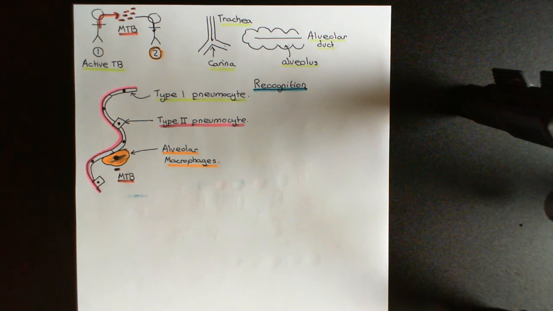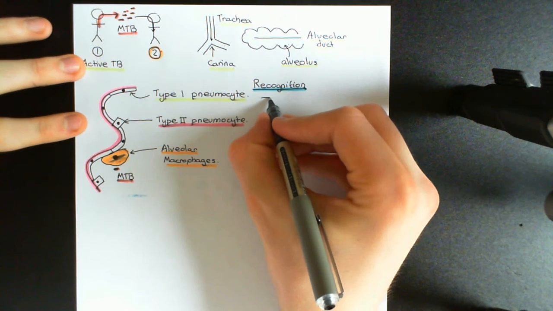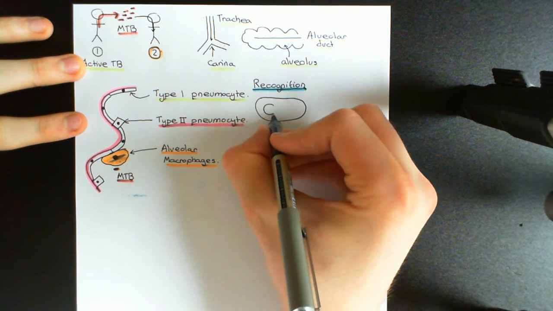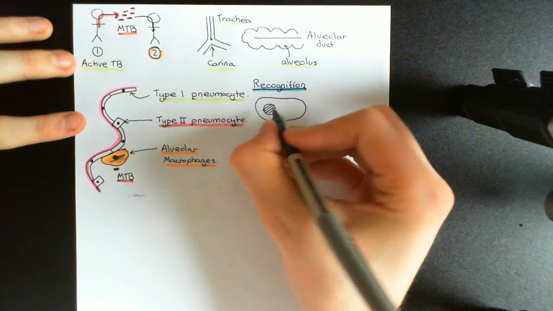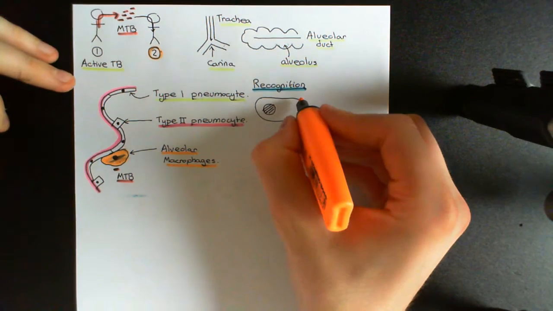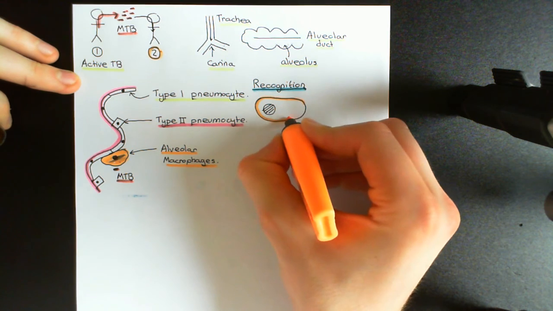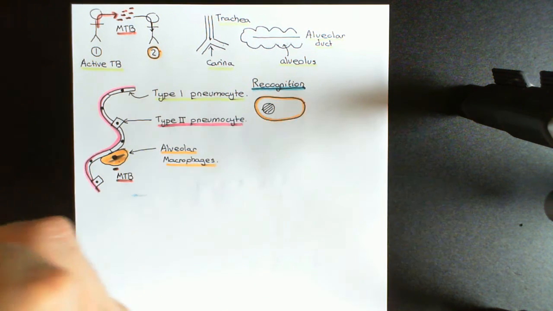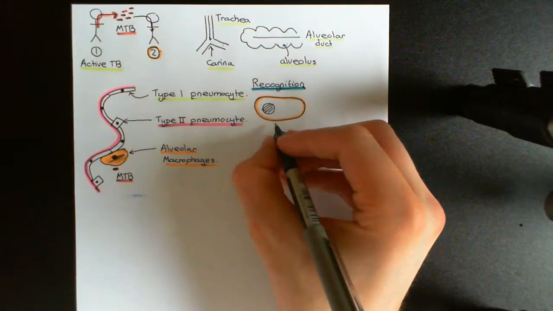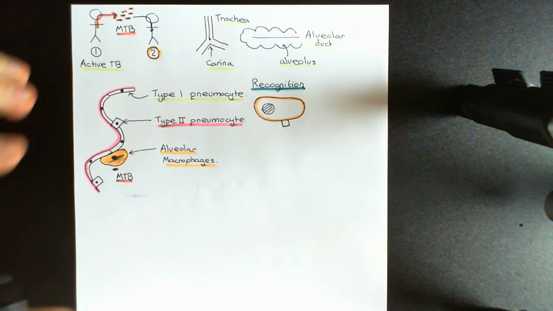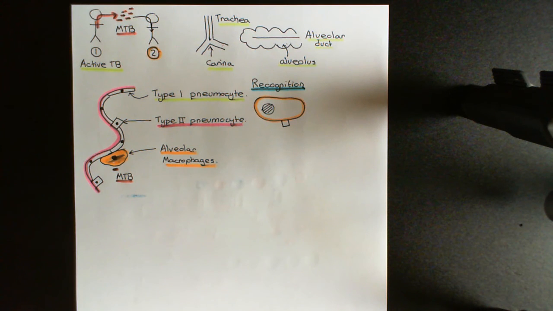So if I just draw an alveolar macrophage here, and I'll just colour it in orange. These cells are covered in a whole bunch of different receptors that we're going to collectively refer to as pattern recognition receptors. And what do these receptors do? Well, they recognise molecules, molecular patterns that no human cell would ever in its right mind make.